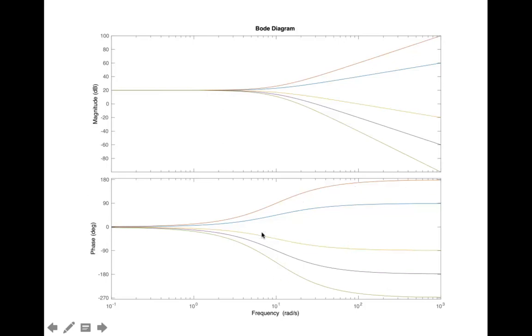It's going to cross 90 degrees, or the center of those two, at 10. The lower lines are for n equal to -1, -2, and -3 respectively, giving us phase shifts of -90, -180, and -270.